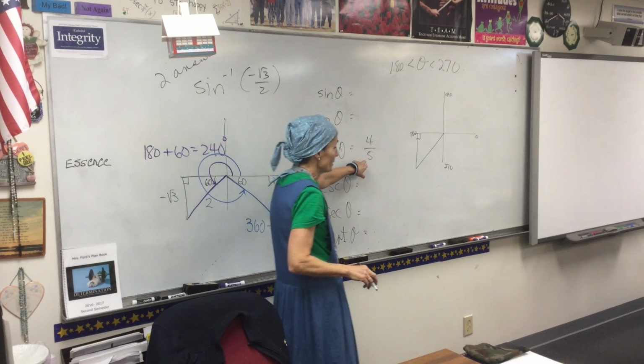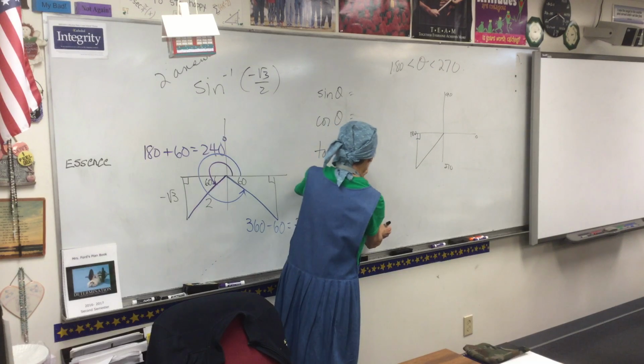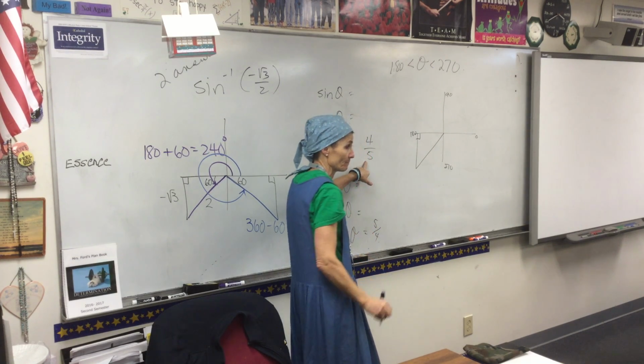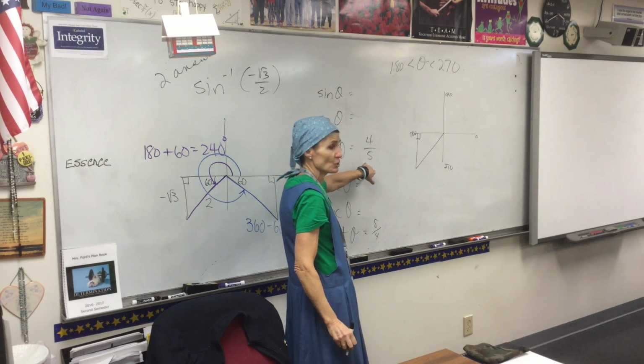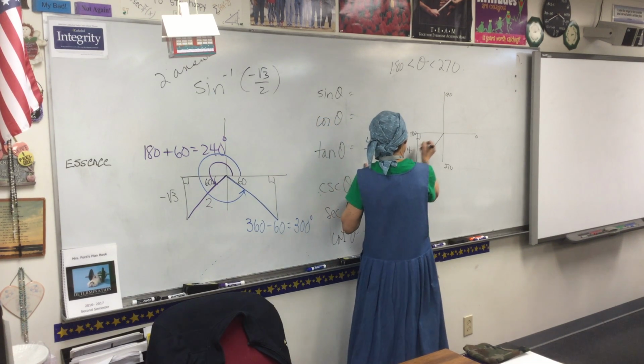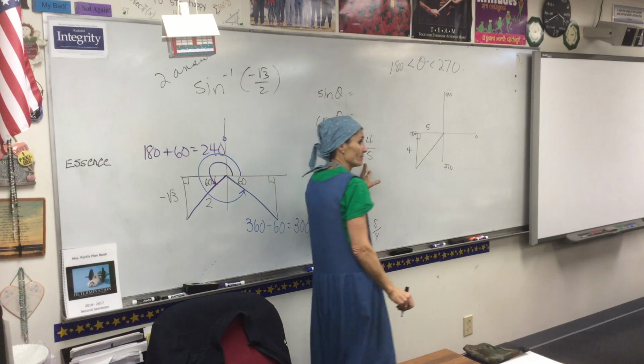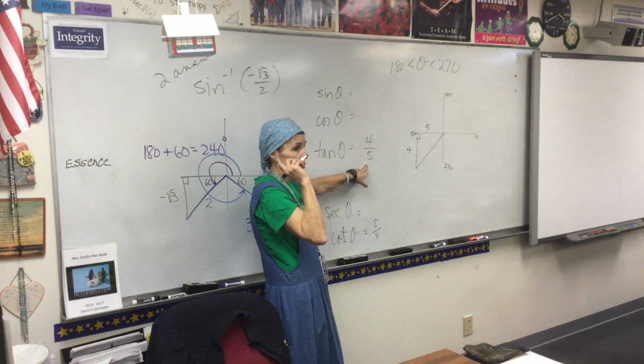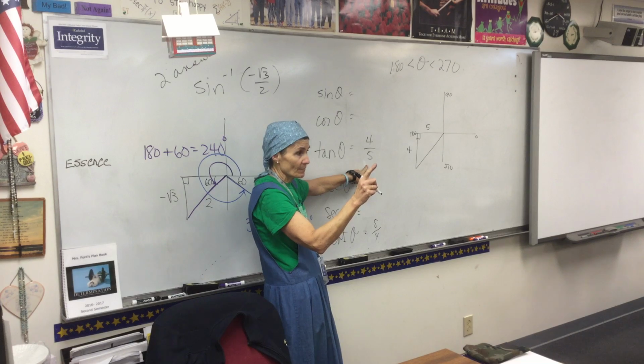Now the tangent is 4/5, which, oh, by the way, the cotangent then would be 5/4. The tangent is 4/5. That means opposite is 4 and adjacent is 5. But what? They're both negative.